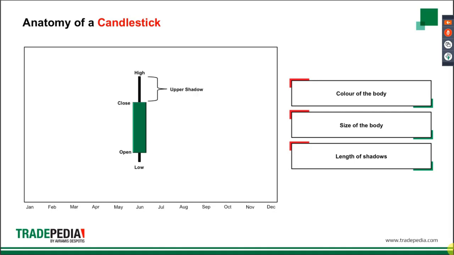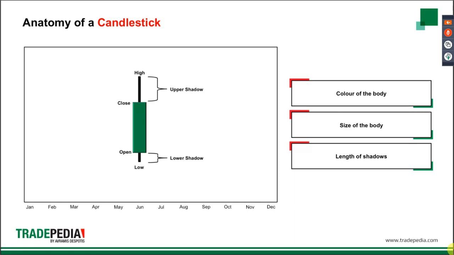So we have various combinations. You have your color, your body size, and the shadow length that can be analyzed to predict future movements. So the lower shadow, the upper shadow here. Another way to read these candlesticks is that the wicks represent strong rejection of that area.